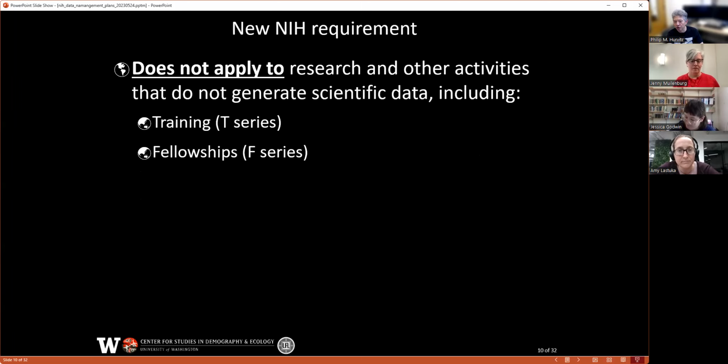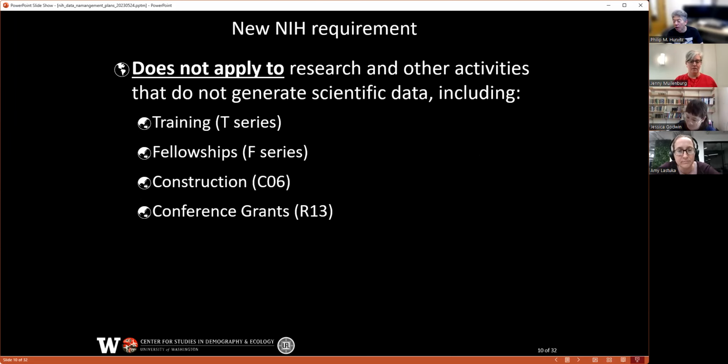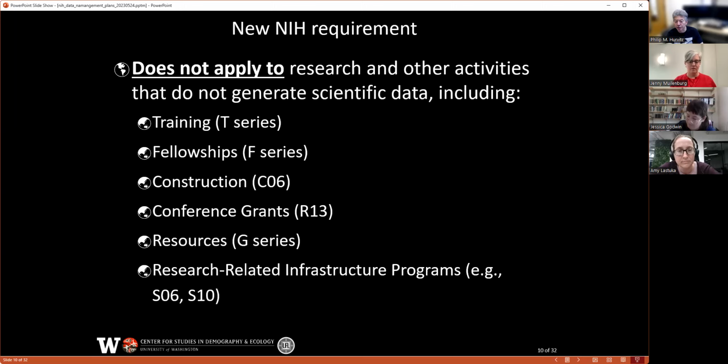Fellowships do not need to have data sharing. Construction, conference grants, the G series of resources, or infrastructure programs. So you can think of it as, if you're involved in research that uses and generates data, then you've got to do some kind of data sharing.